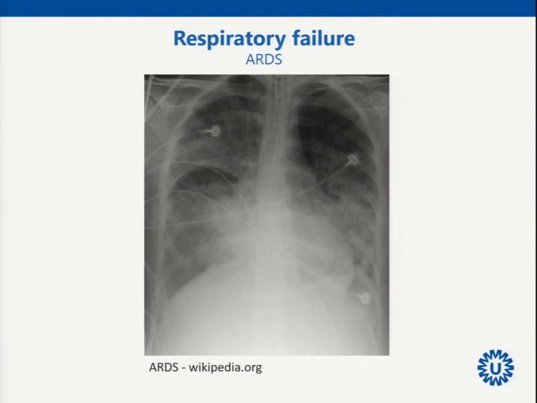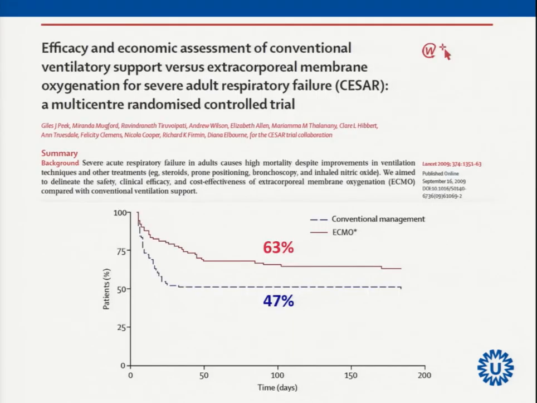We in Utrecht use it as a salvage therapy, so if we really see that invasive mechanical ventilation is not sufficient and we see refractory hypoxemia and refractory acidosis, hypercapnia, then we opt for a VV-ECMO in the best of the best patients with mono-organ failure, so no renal failure, no liver failure, no other aspects of multi-organ failure. And then you might expect a benefit.